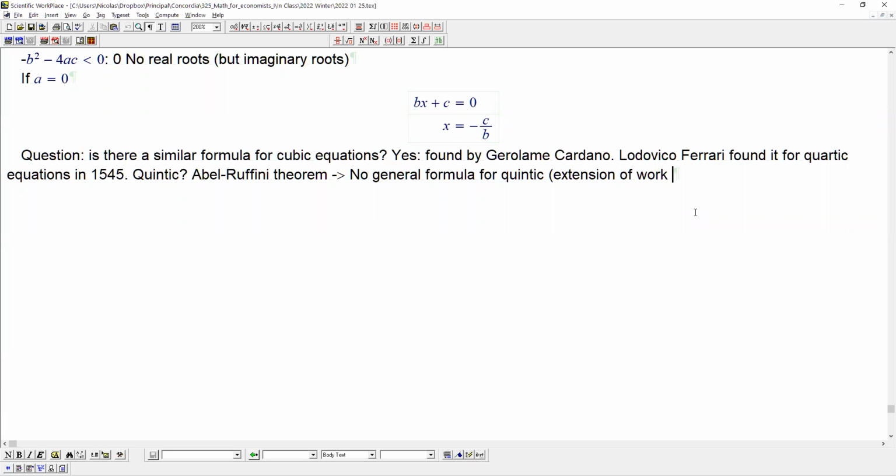So Evariste. Yeah, that guy was a genius, really a totally amazing mathematician, but he died very young. So yeah, very sad. He would have been like a top 10 mathematician if he had lived longer, for sure.